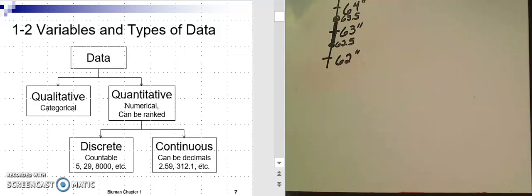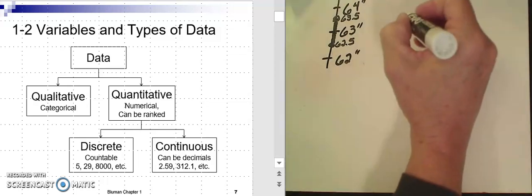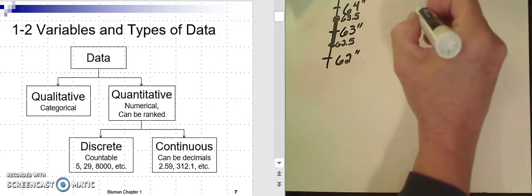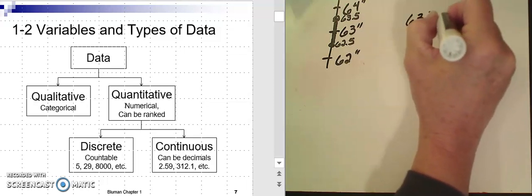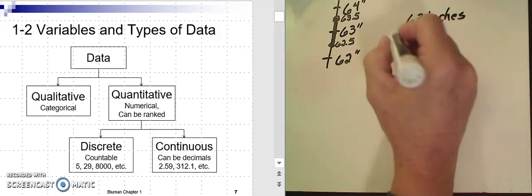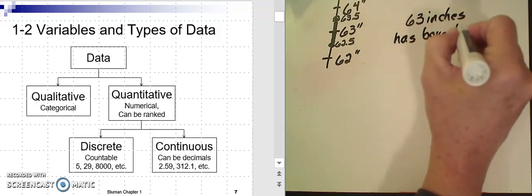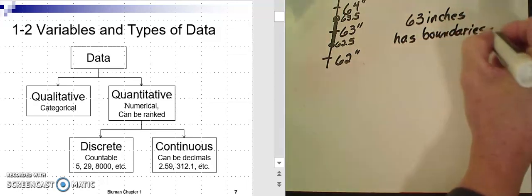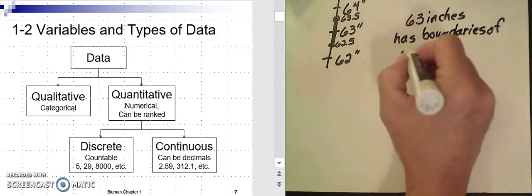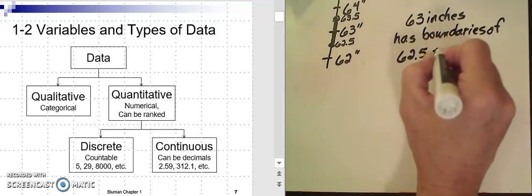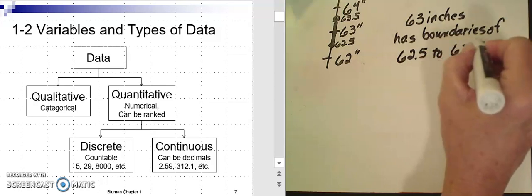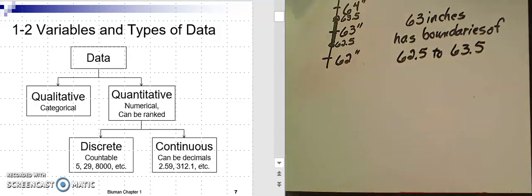So what we say in this case is that 63 inches has boundaries, and the boundaries for 63 inches are 62.5 to 63.5. Now, you might be looking at that and saying, well, we just said we don't include the 63.5.